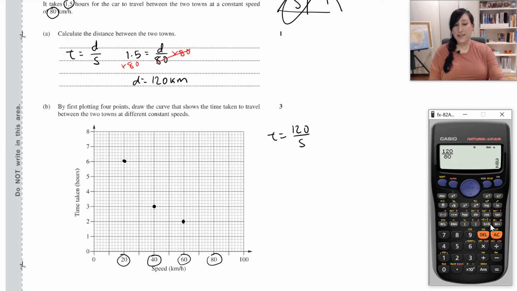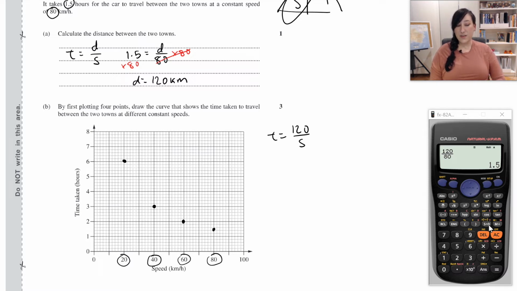I'm going to put this into a decimal so it's easier to graph. That's 1.5 hours, which is what we used in part A when we found D originally. So we can plot that. 80, 1.5 is around here. And that's 4 points, and now we just need to draw the graph.